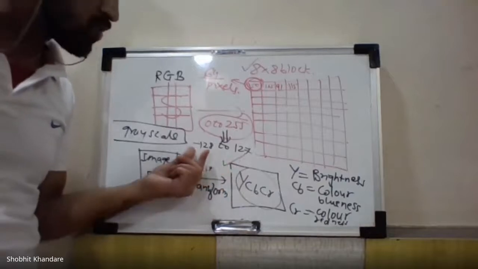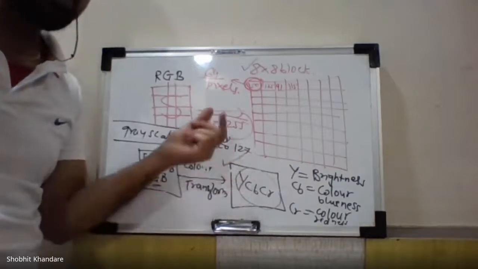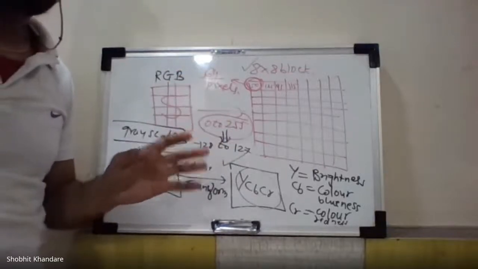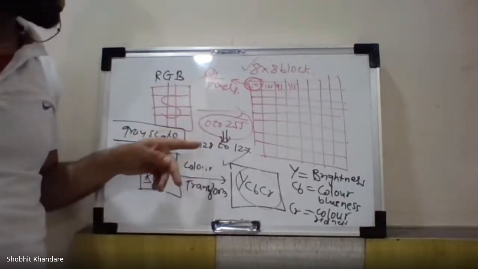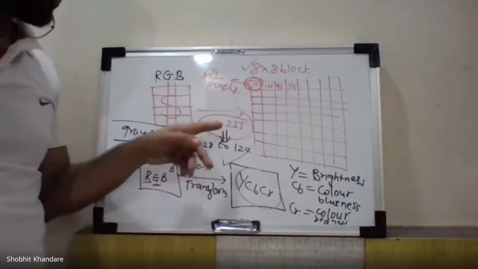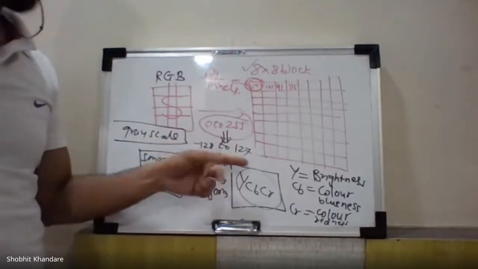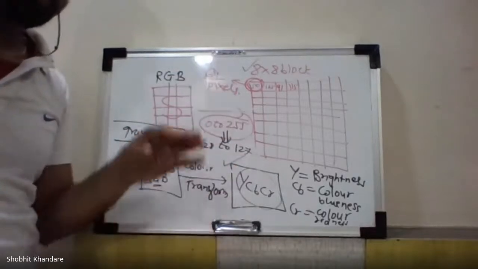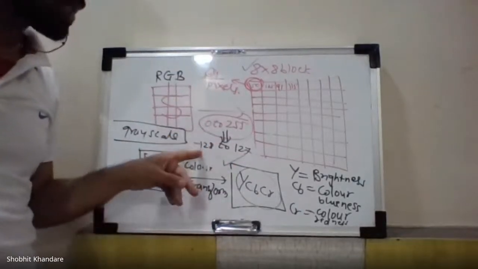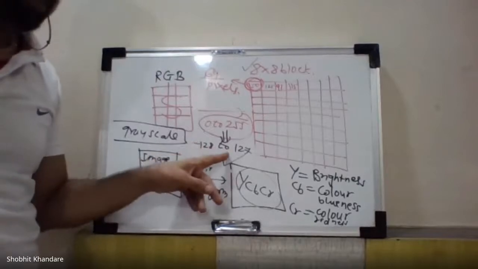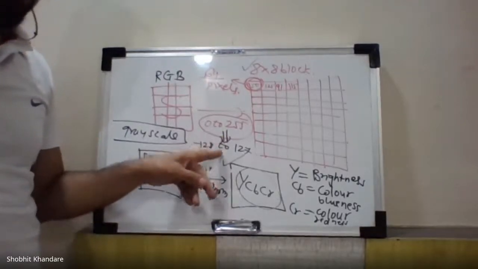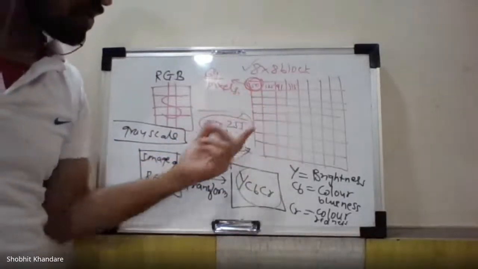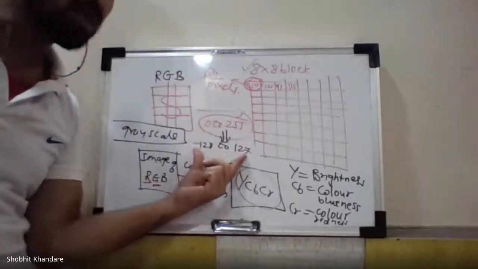How do you get minus 128 to 127? You subtract 128 from each pixel value. For example, 0 minus 128 is minus 128, and 255 minus 128 is 127. So you have that range. So we are compressing the data, and the pixel values have been reduced to the range of minus 128 to 127.